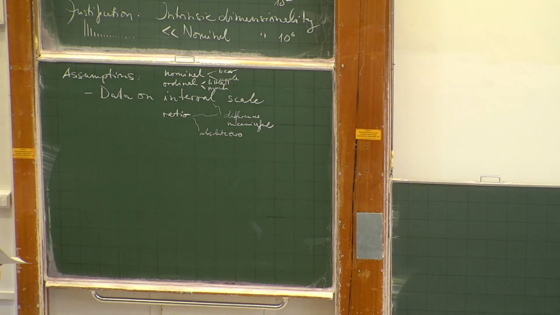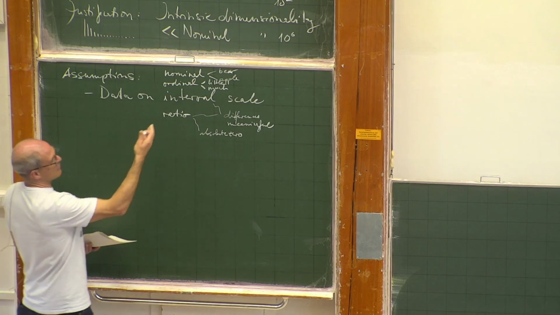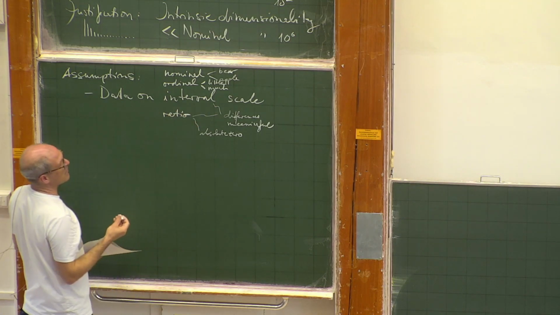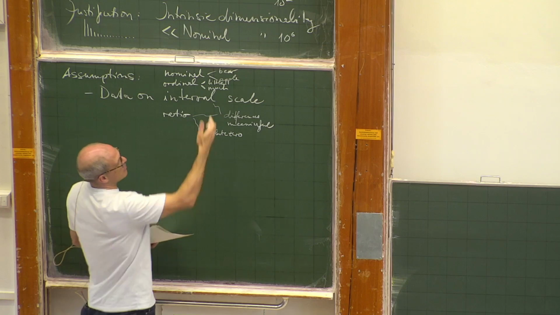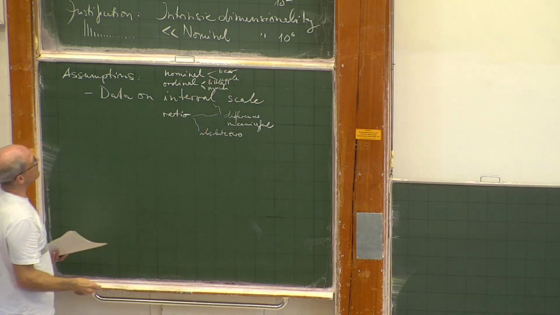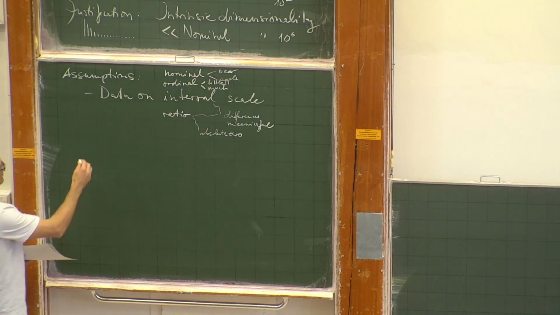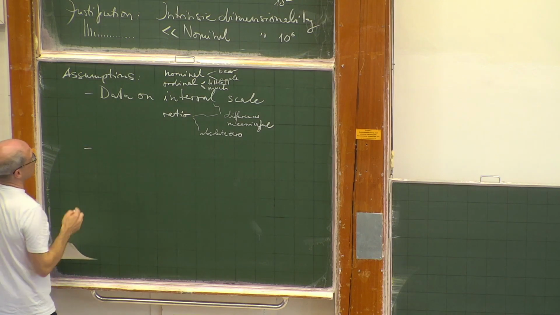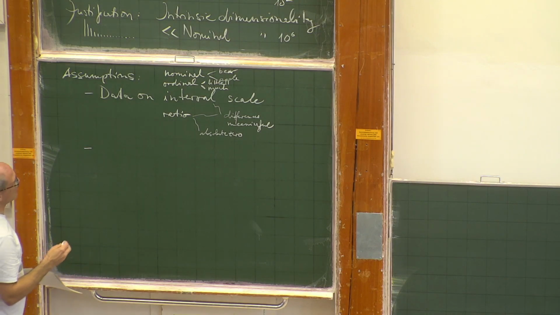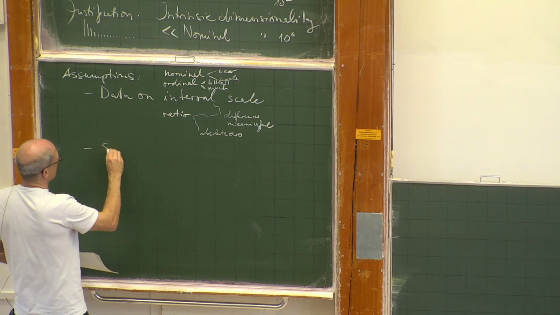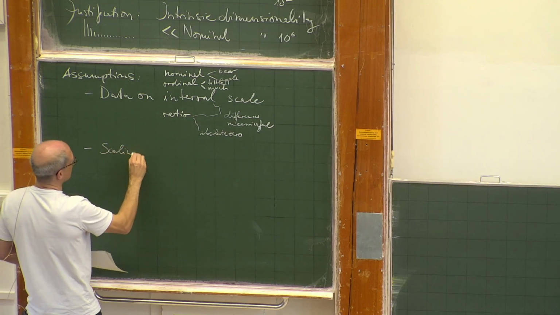So principal component analysis is immediately applicable only when you have numbers whose differences are meaningful, but not when you have a table which has entries like bear and apple. Okay. That's one assumption, and the other assumption is that the scaling of the axis is meaningful.